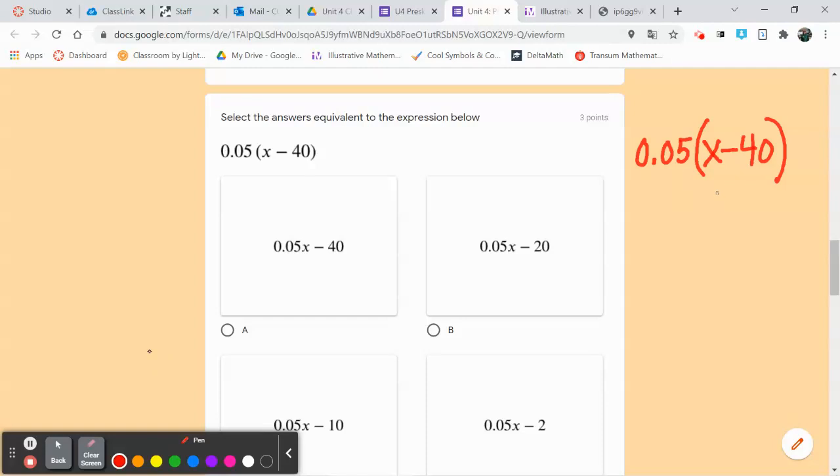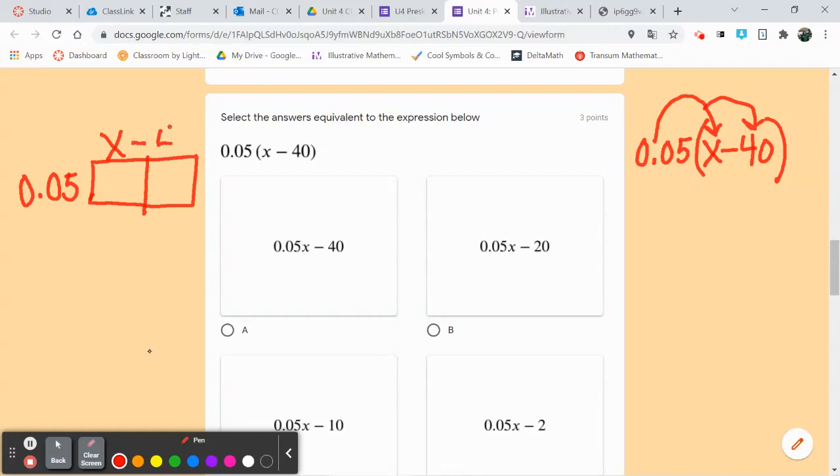So there are 2 ways to do this. One, by showing you multiplied it to everything inside. The other way is to use boxes. All right.